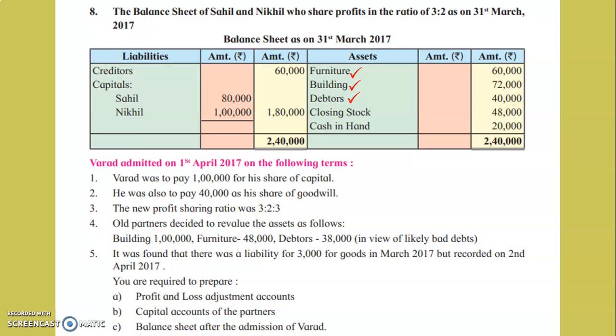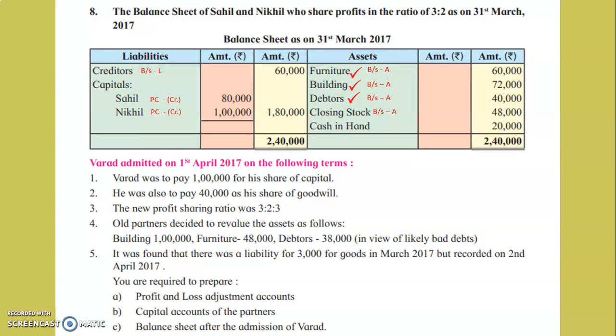Then the postings. Creditors will be recorded on the liability side of balance sheet. Opening capital balances of partners on the credit side of partners capital account. Then furniture, building, debtors, closing stock, all this will be written on the asset side of balance sheet.